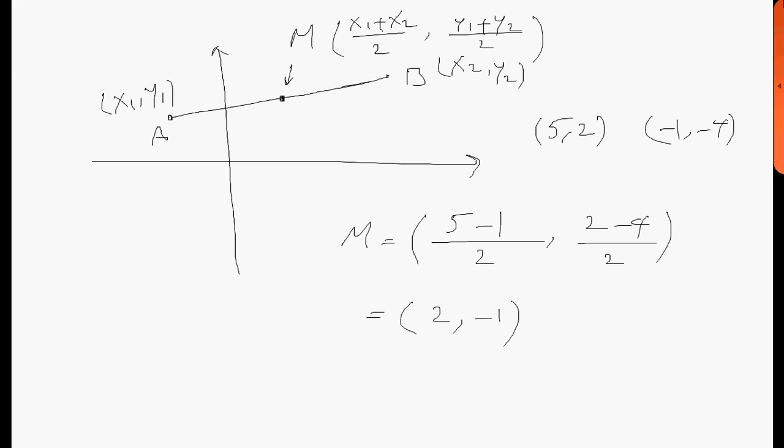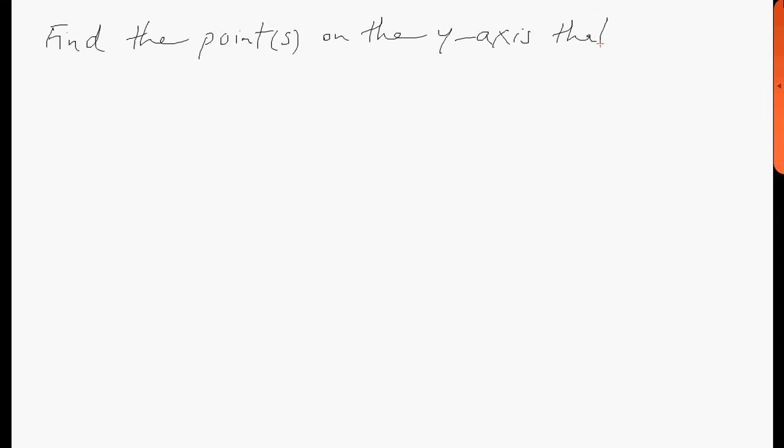Okay, let's look at one word problem. It says find the point or points on the y-axis that are at a distance 5 from the point (3, 5).